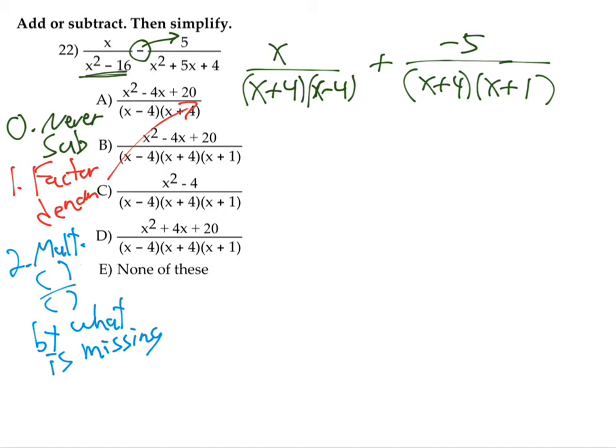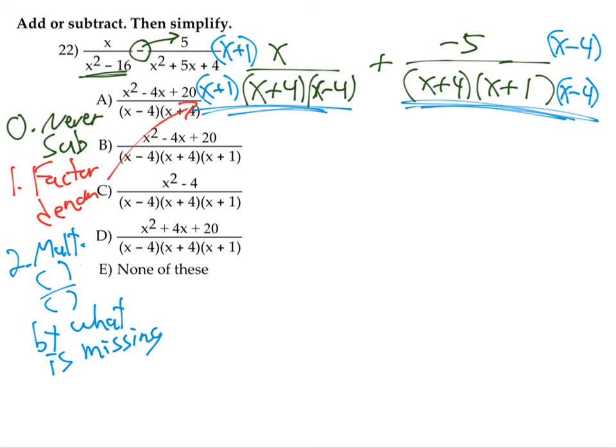So what is this first one missing that the other denominator has? He needs the x plus 1. So give him the x plus 1. And then you come over here to the other guy, and he needs the x minus 4. See how they both are the same denominators now? They have all the same 3 pieces. See how we made the denominators the same?